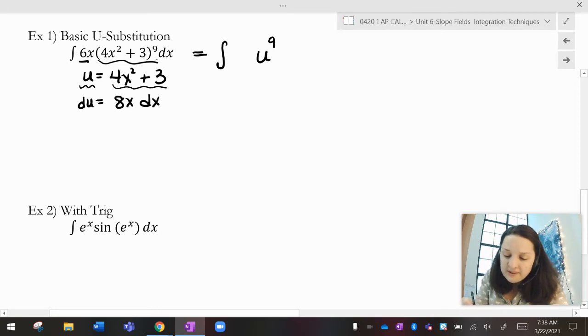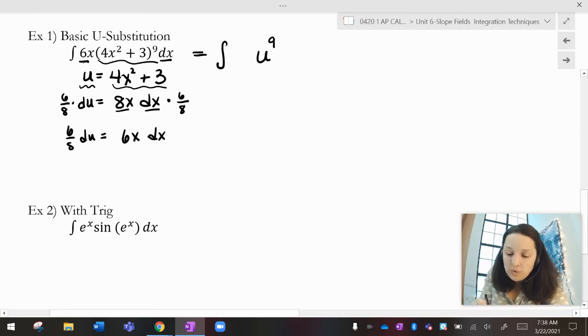And then I still have a 6x dx. Okay, but down here I have an 8x dx. I didn't want 8x dx. I wanted 6. That's fine. Multiply both sides by 6/8. So 6/8 du equals 6x dx. So now 6x dx gets replaced by 6/8 du.